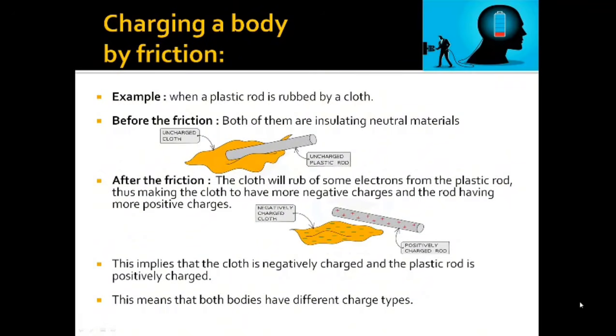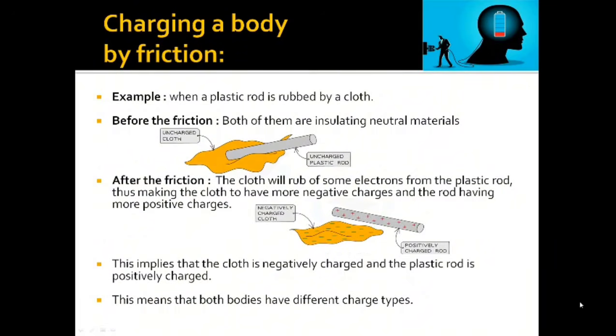This simply means that both neutral elements coming together to rub themselves have acquired opposite charges. Both of them are charged now, but in opposite ways. What do I mean? The cloth is charged, but negatively charged, while the plastic rod is also charged, but positively charged.